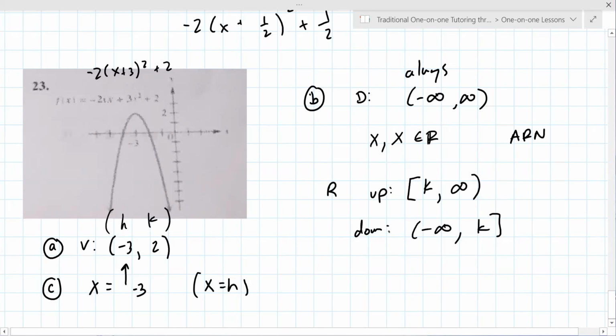So since this one opens down, it goes down to minus infinity, and the k value is this positive 2. And it includes it. It always includes it. Is that okay? Any questions on that? No, that one makes sense.